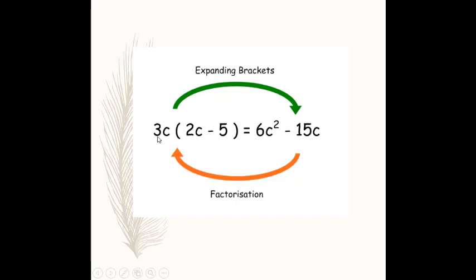The answer will be 3c multiplied by 2c minus 5. So when we expand the expression on the left, it will be the expression on the right, and when we factorize it, it will be like that on the left side. So expanding is the reverse, or the opposite, of factorization, and you will find this in your monthly exam. Factorization is the opposite of, you have multiple choices.